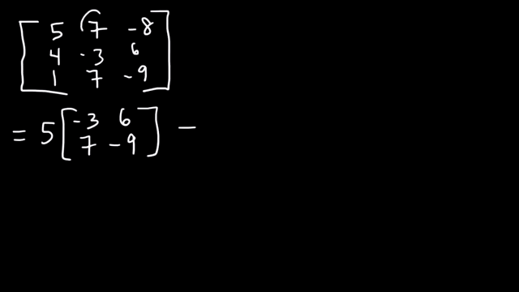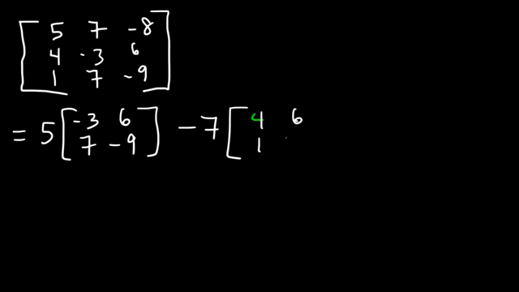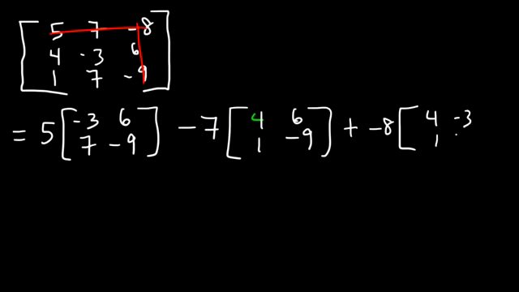Next, we're going to use the 7. If we take away the first row and the second column, it's going to be 4, 1, and 6, negative 9. And then the last one, negative 8. If we take away row 1, column 3, we're left with 4, negative 3, 1, 7.